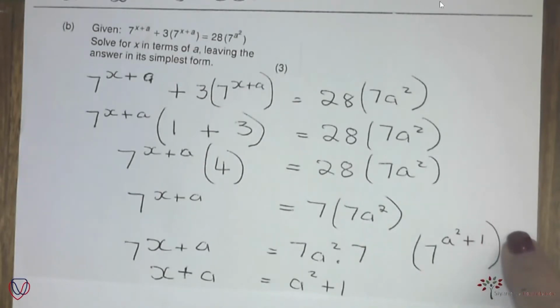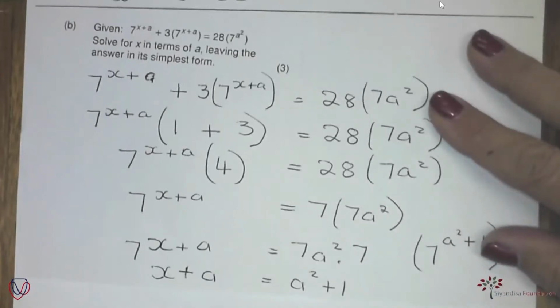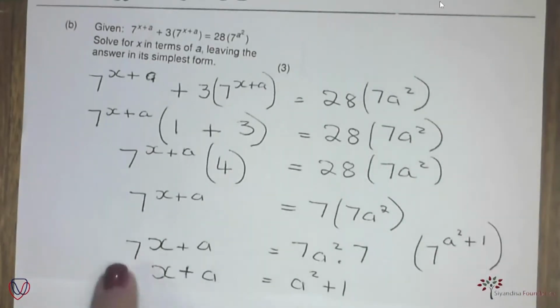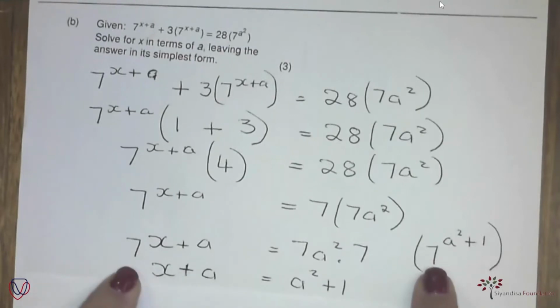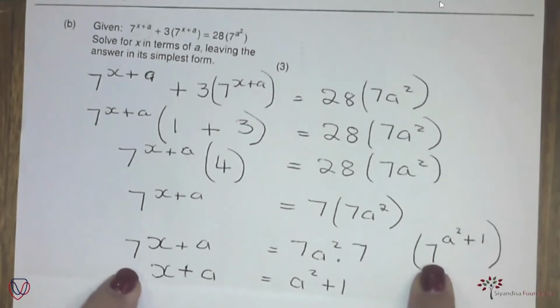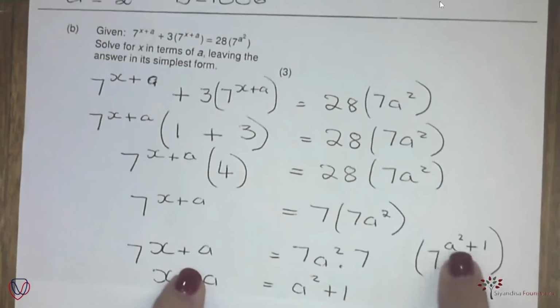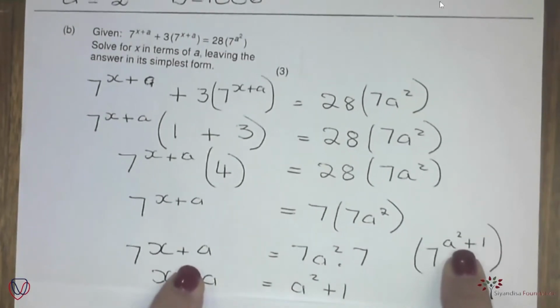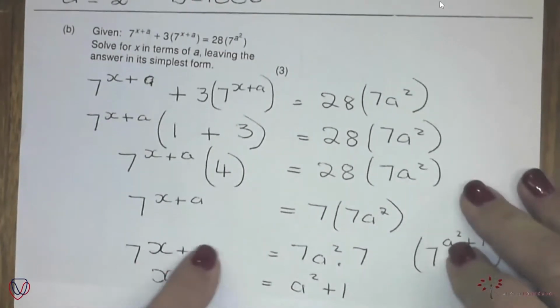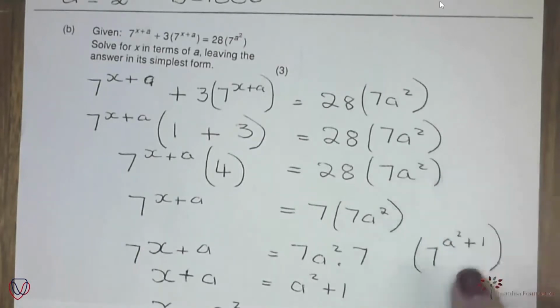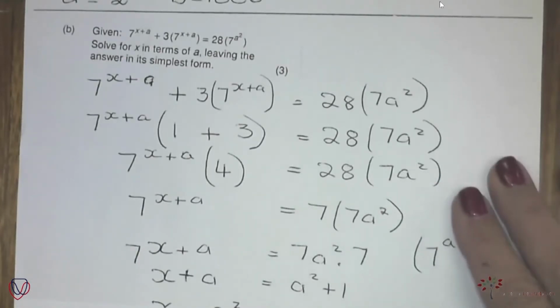Can you see that? Please, people, be very careful with this. Then, because our bases now are the same, and there's only one base on each side, we can put our exponents equal to one another. And that means x plus a will be equal to a squared plus 1.